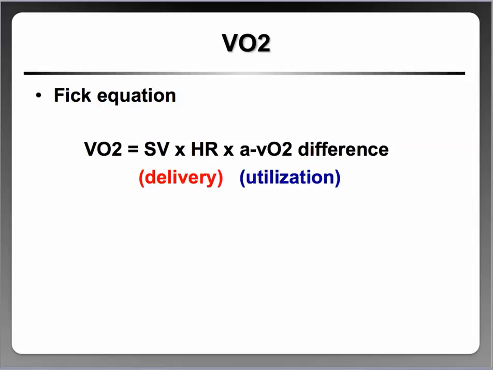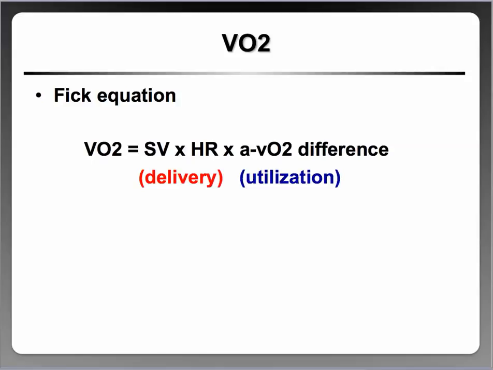You've got stroke volume and heart rate, so the ability of the heart to pump blood to the tissues. This is a delivery limitation, or something that could influence or have a great impact on oxygen uptake. And then on the other side, you've got the AVO2 difference, basically the ability of the tissues to take in and utilize the oxygen that has been delivered.